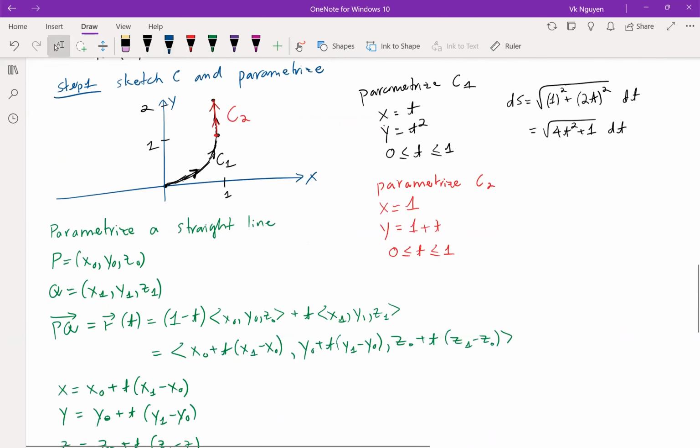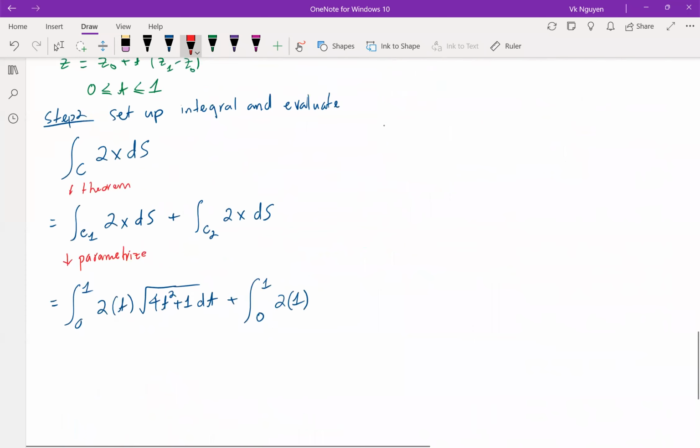And for the ds here, it's going to be the square root of 0 squared, because you take the derivative with respect to t and then you square it, so 0 squared plus 1 squared dt. So we just have dt. Oh, ds is dt. How nice.